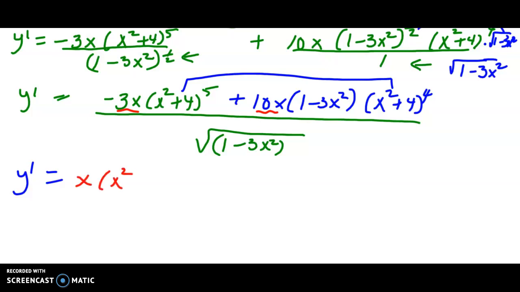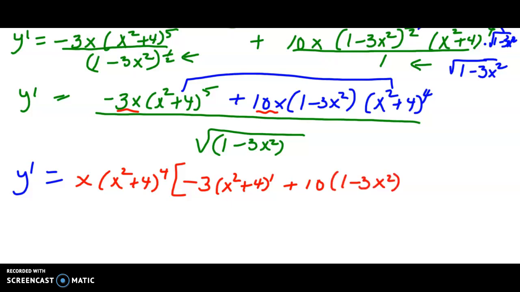I know that I can take out an x squared plus 4 to the 4, and then I'm left with negative 3, but I'm still left with x squared plus 4 to the 1. I'm going to be left with a 10 because I'm taking an x out, and I'm still going to be left with 1 minus 3x squared all over the radical.